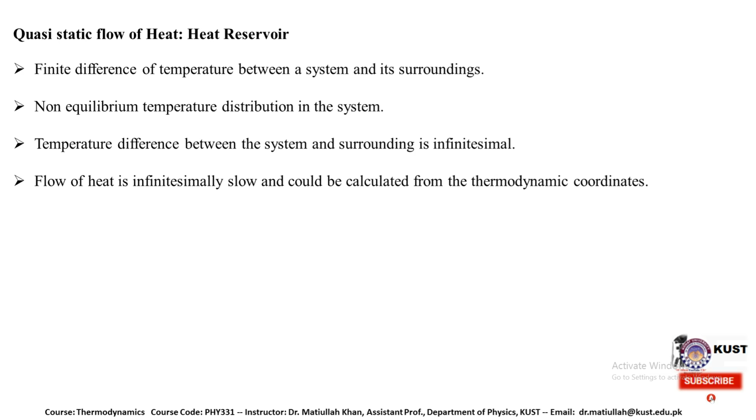If we consider there is a finite difference of temperature between a system and surrounding, what happens? The general conclusion is that if there is a difference of temperature between two objects, and both bodies are in thermal contact with each other, the heat will flow from the object at higher temperature toward the object at lower temperature, and this flow of heat will continue until both bodies achieve the same temperature.